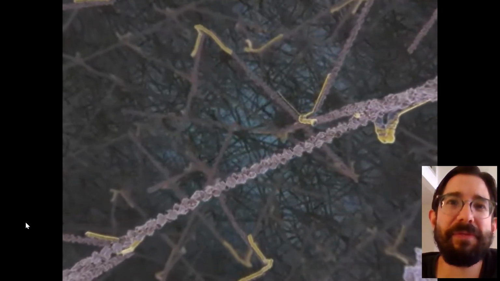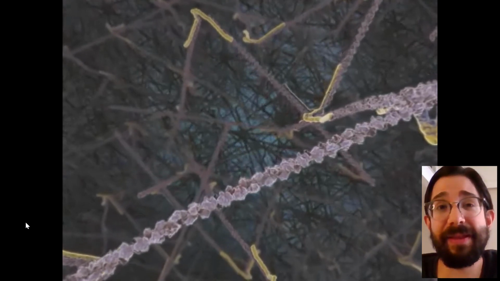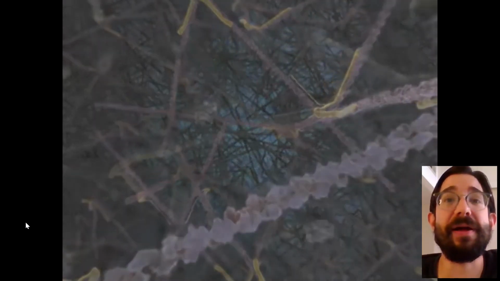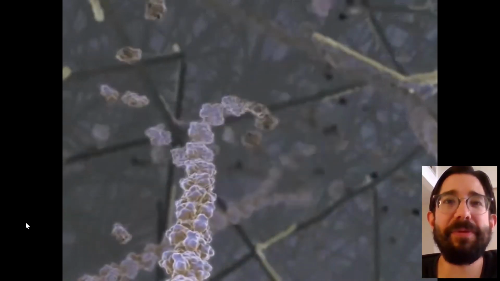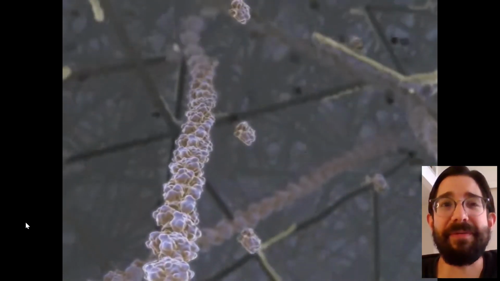But we had mentioned already that the cytoskeleton, like our own skeleton, is very dynamic, meaning it's constantly changing. So we'll see these microfilaments being assembled and being broken down.